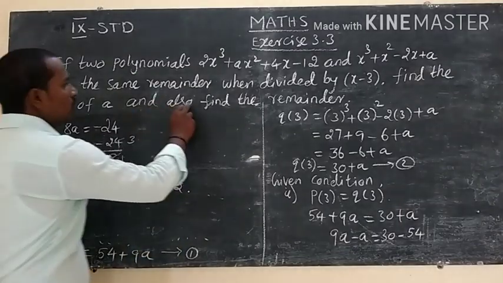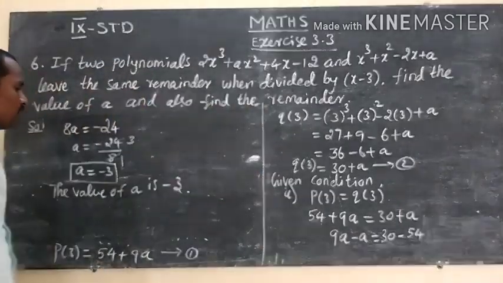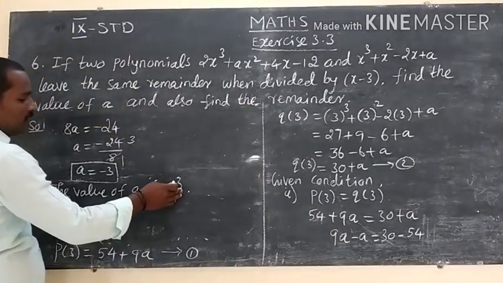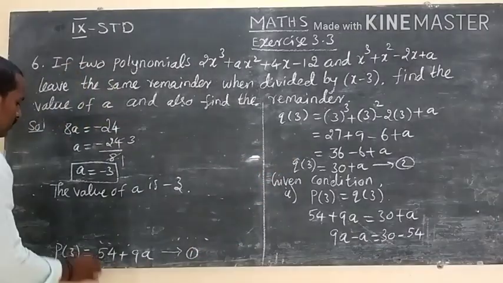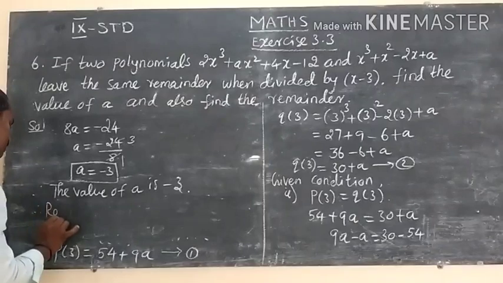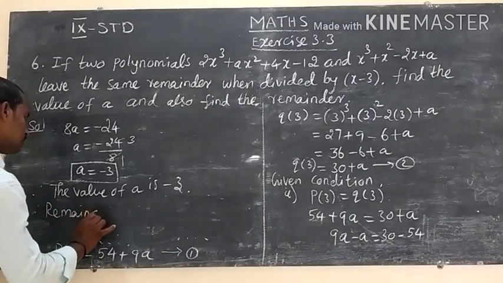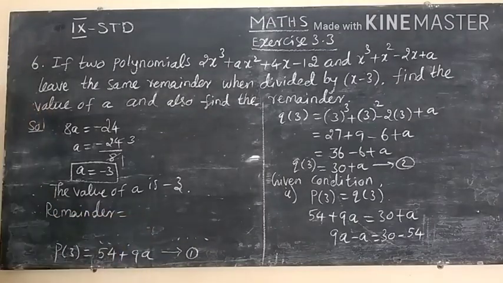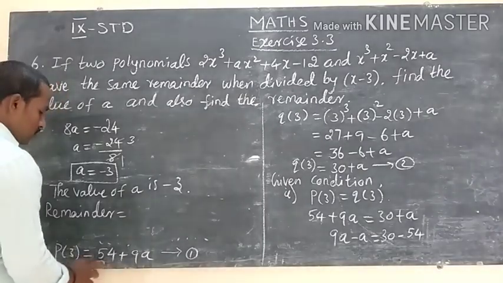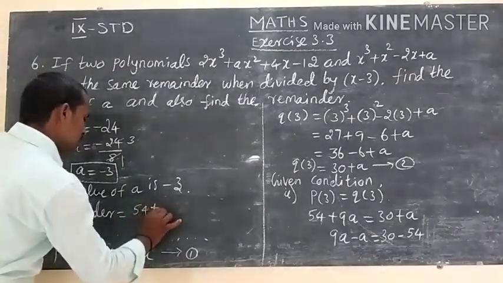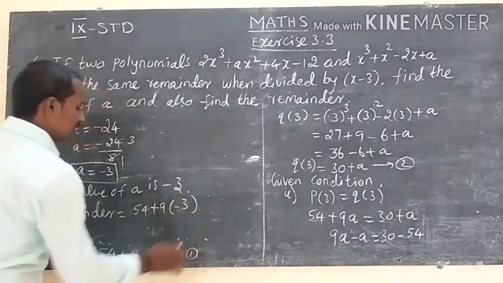Then also find the remainder. To find the remainder, substitute this a value in 1 or 2, we get the exact remainder. Here I substitute in the first value. So 54 plus 9 into the a value, minus 3.